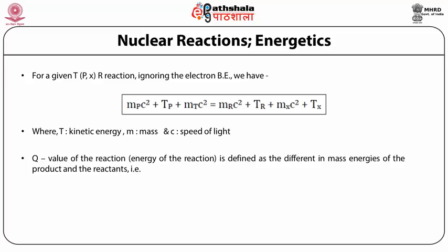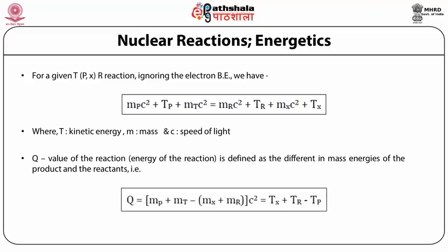It is defined as the difference in mass energies of the reactants and the products, that is Q equals (Mp plus Mt minus (Mx plus Mr)) c squared equals Tx plus Tr minus Tp. This is basically how the Q value in a nuclear reaction is obtained.